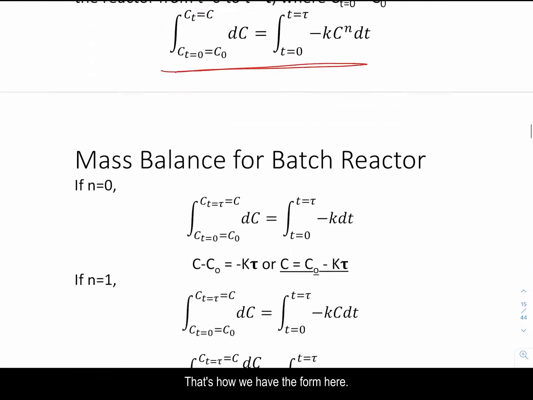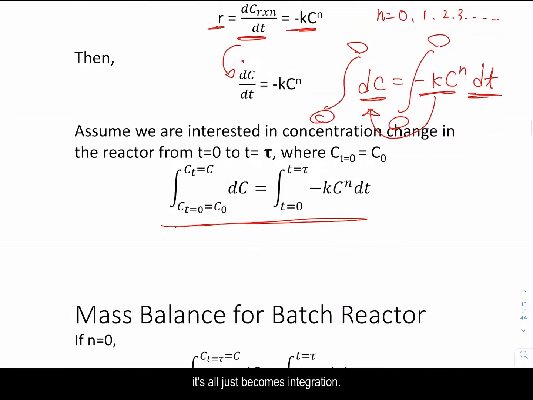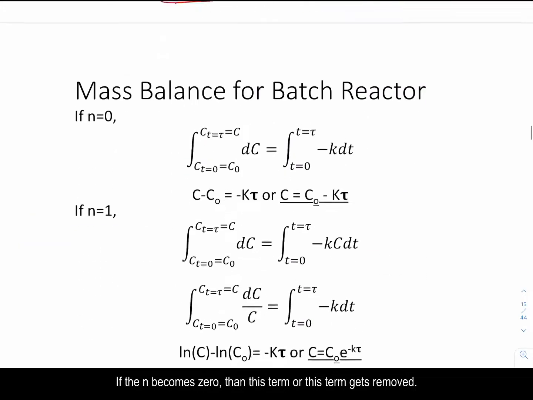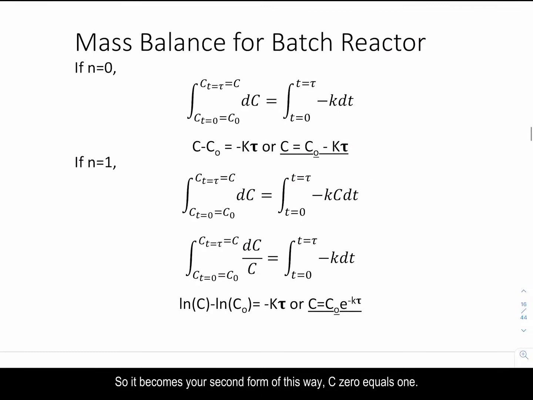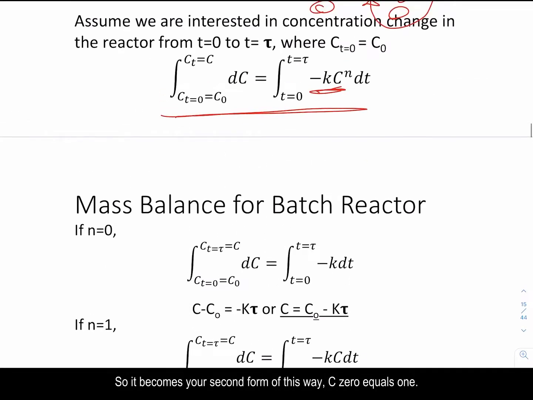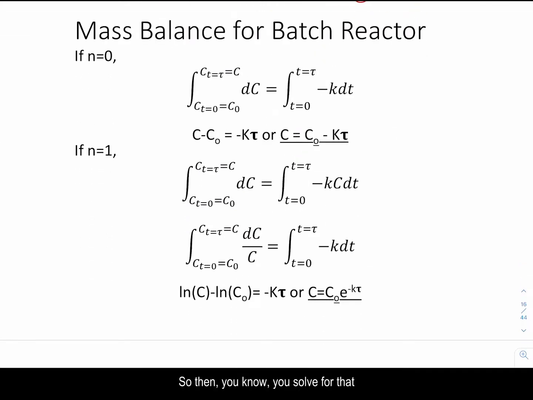Okay, and then if the n equals 0, from here on now it all just becomes an integration, right? If the n becomes 0, then this term or this term gets removed. So it becomes just in the form of this way. Okay, C0 equal 1, right? So then you solve for that, and when you integrate them, it becomes C minus C naught equal to minus k tau.